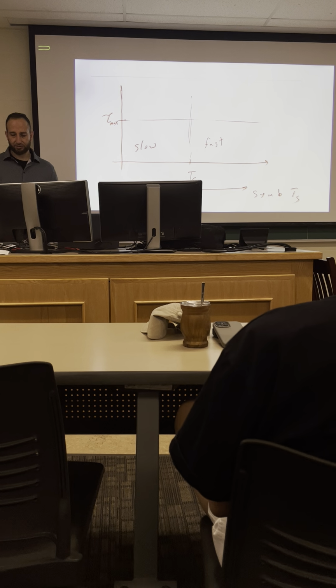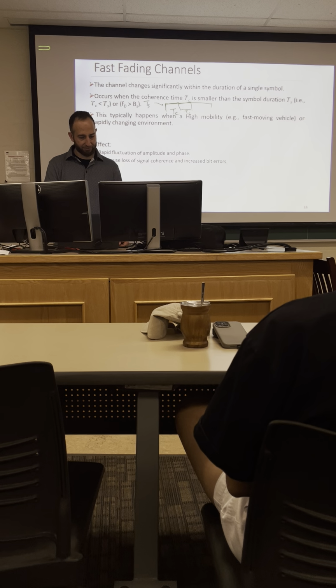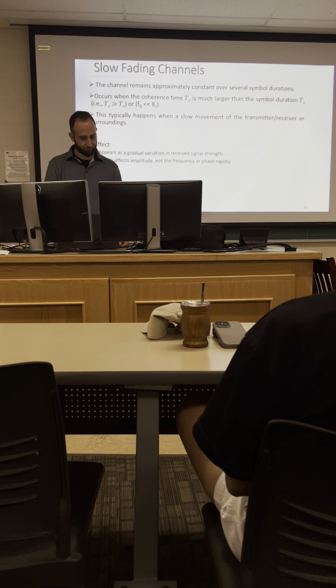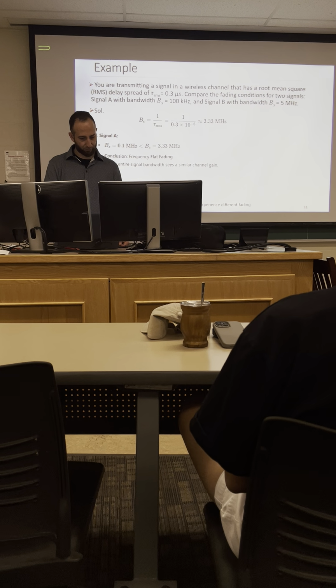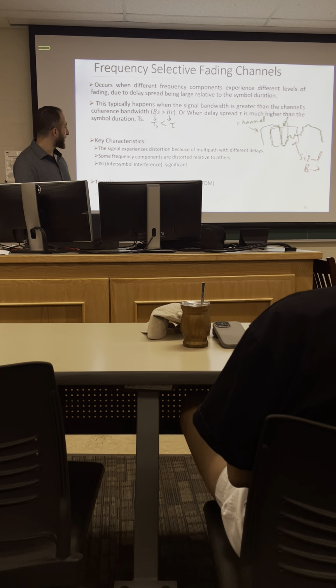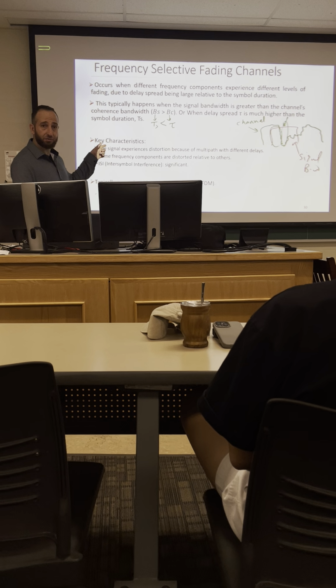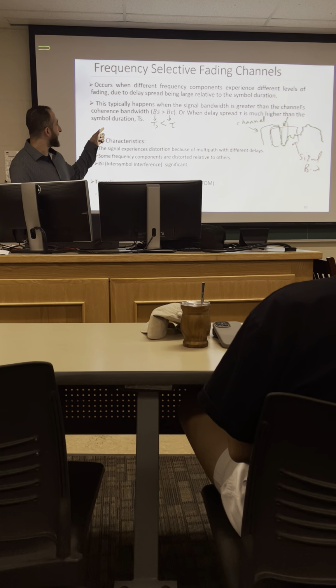Here as well, this is symbol duration or TS. Okay. And if we look back here, if we have the symbol duration smaller than tau, in this case I have frequency selective, right?